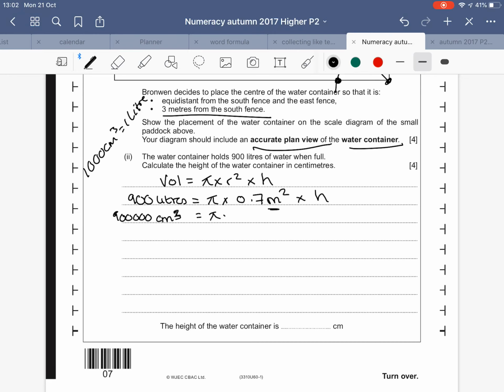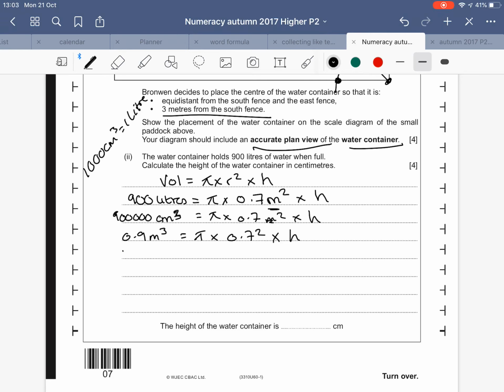So that still equals pi times 0.7 metres squared times our height. We want that in meters cubed, not in centimeters. Because it's 100 times 100 times 100, we basically want to divide that by a million to get 0.9 meters cubed is pi times 0.7 squared times our height.